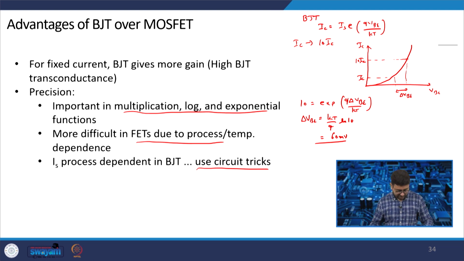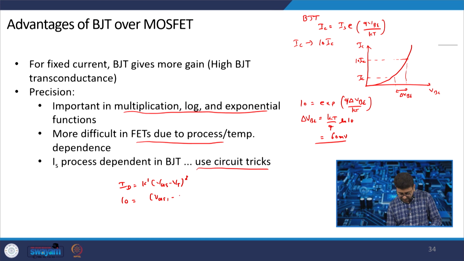In case of MOSFET, if we try to derive, we need to use ID which is equal to K dash, let us say one half mu n Cox is K dash, times VGS minus VT whole square. If you try to increase ID by 10 times, we can write VGS1 minus VT whole square divided by VGS1 plus delta change in VGS minus VT whole square.